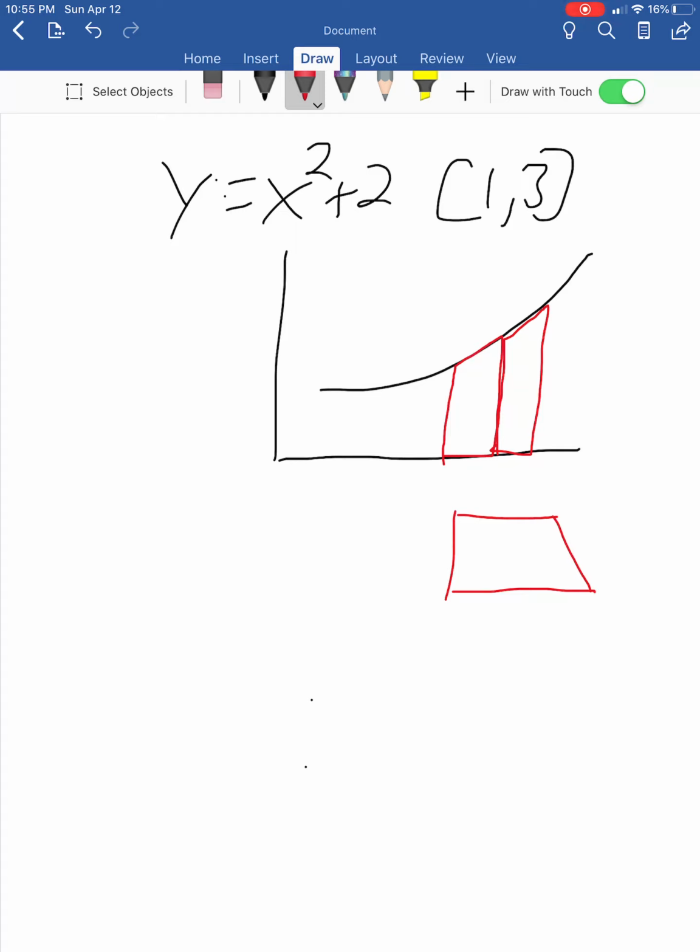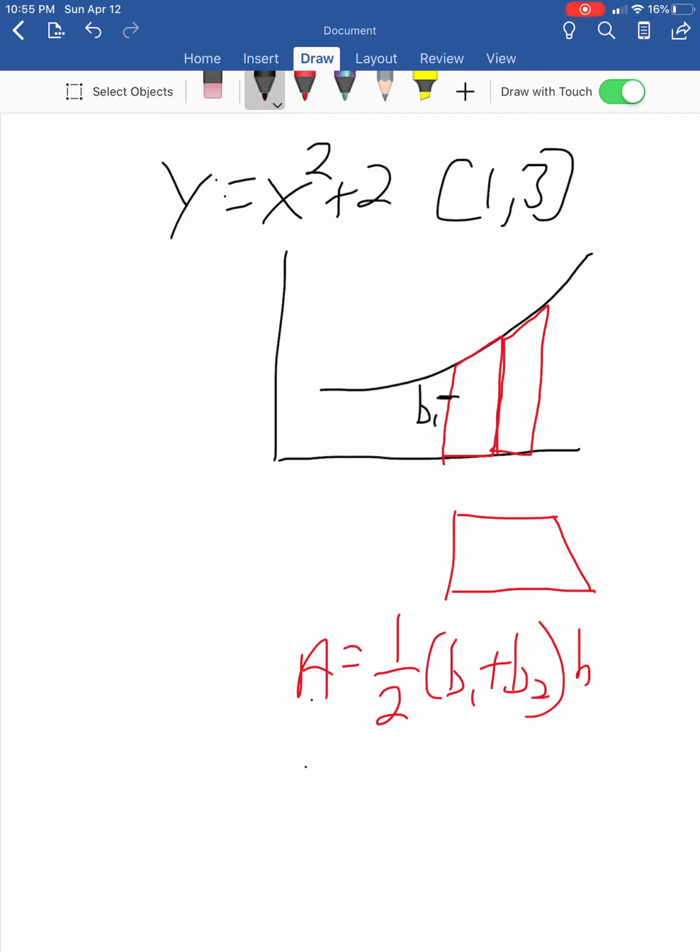So if I find the area of each trapezoid, which is 1/2 the 2 bases times the height, that's the area of a trapezoid. But keep in mind when you're doing this, this is base 1, this is base 2, this would be the height if you're doing the trapezoid rule.